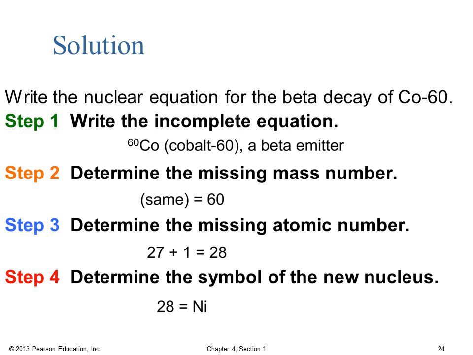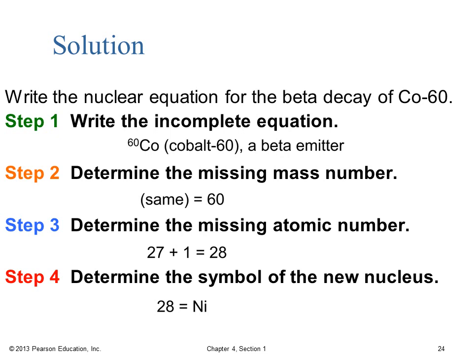All right, so remember that when we have our beta decay, our mass number is going to be the same because the beta particle does not have a mass number. And then we just need to add 1 to the cobalt atomic number to find the missing atomic number for the new element.